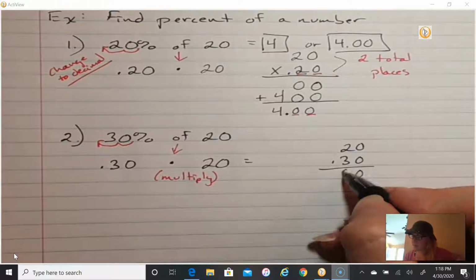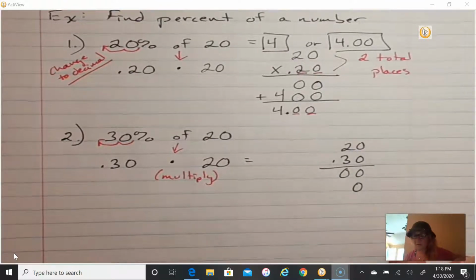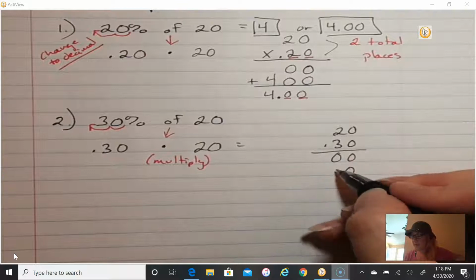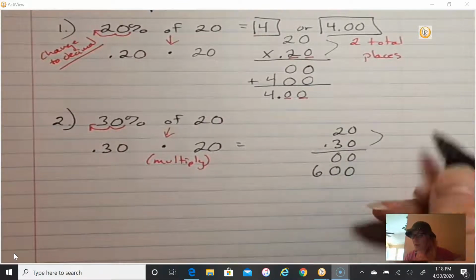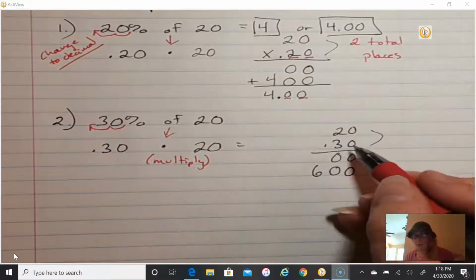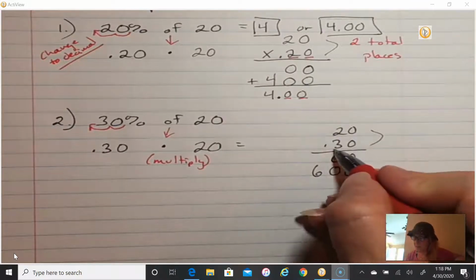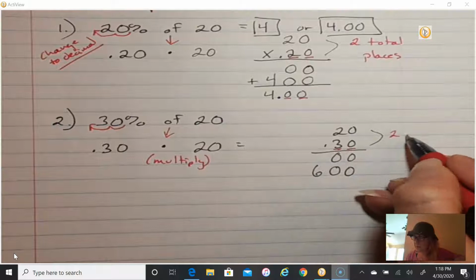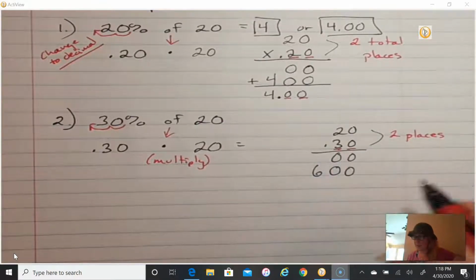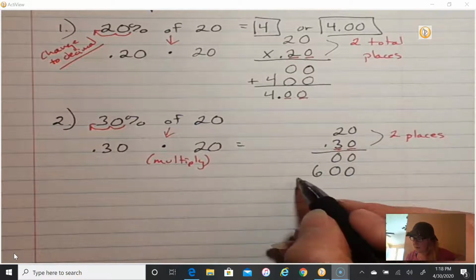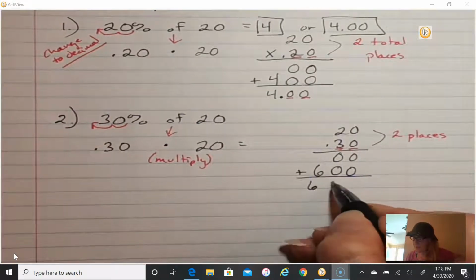0 and 0. Placeholder 0. 3 times 0 is 0. 3 times 2 is 6. How many total places are there behind the decimal in the problem? There's 2. 2 places. Do y'all see that? Oops, I forgot to add. Silly me.